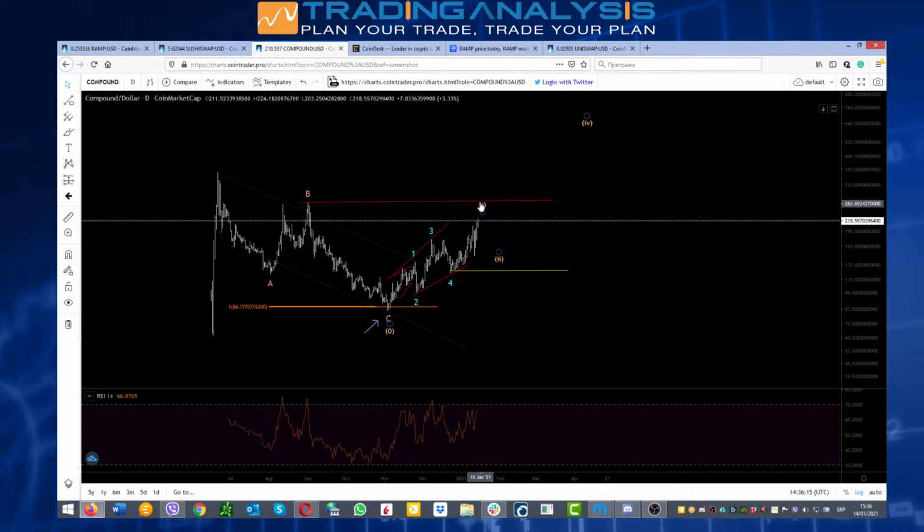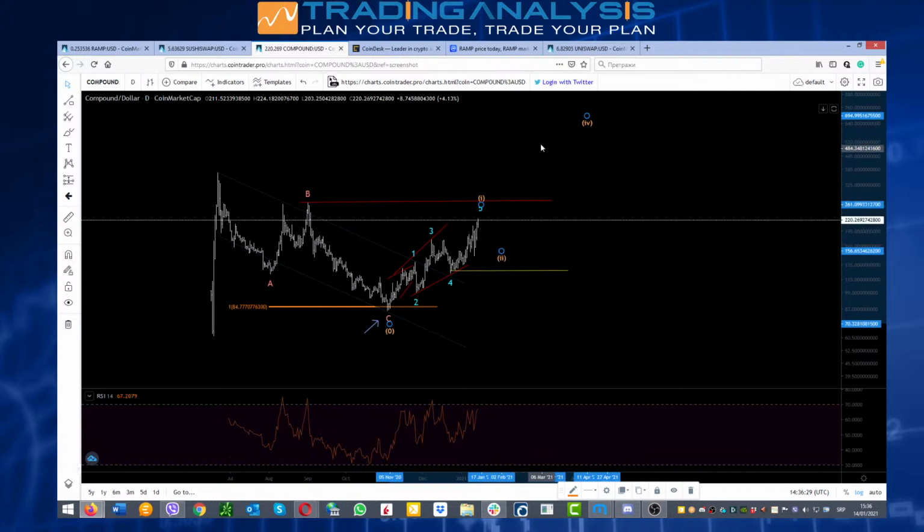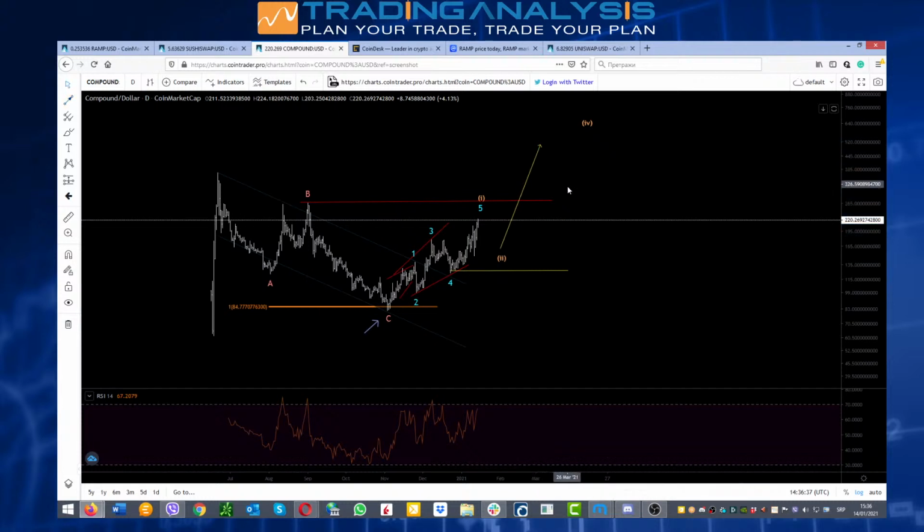I think these resistance levels will prove potentially to be a nice resistance, and that we might get an opportunity on this pullback in this wave 2 to see a further continuation on the upside on Compound, which is in the DeFi space, decentralized finance, and might continue further.